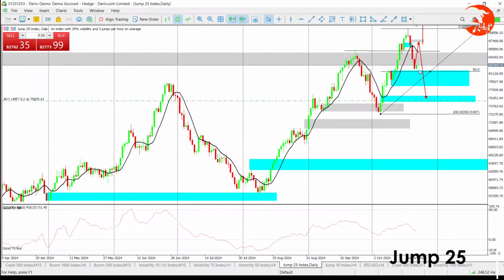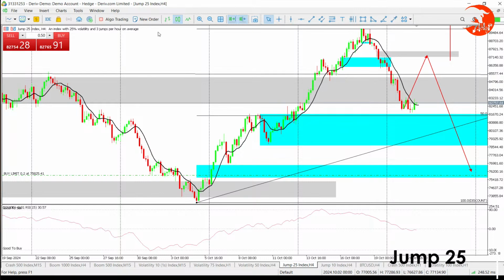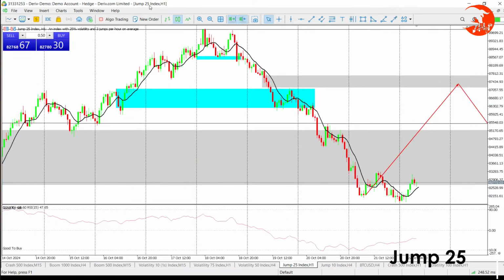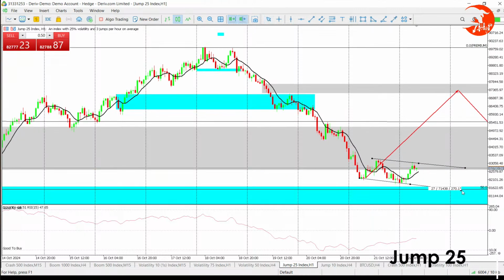We've been selling it, but we never had any entries for the sells because we missed the entries. But right here where we are, we've started some bit of consolidation according to H1. That is a consolidation I can see there.